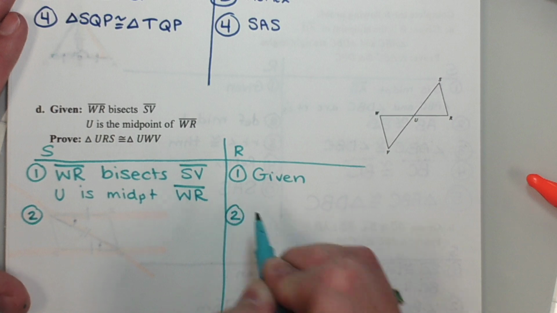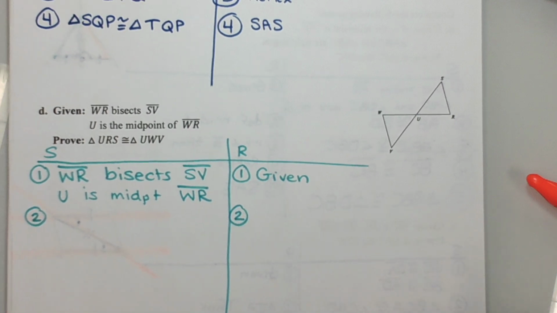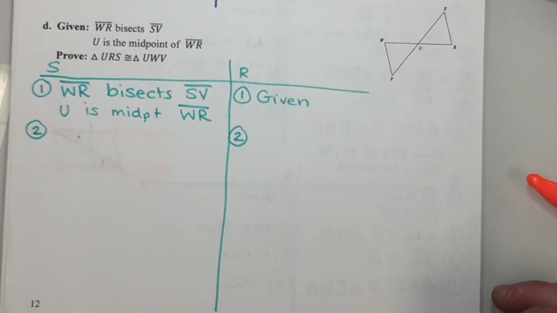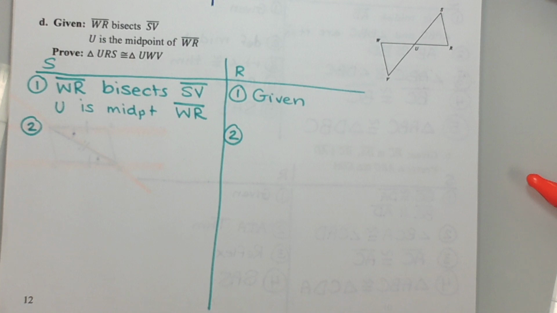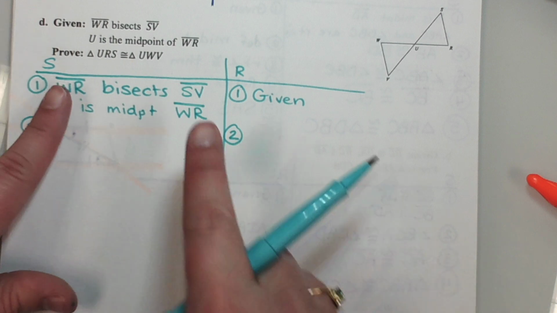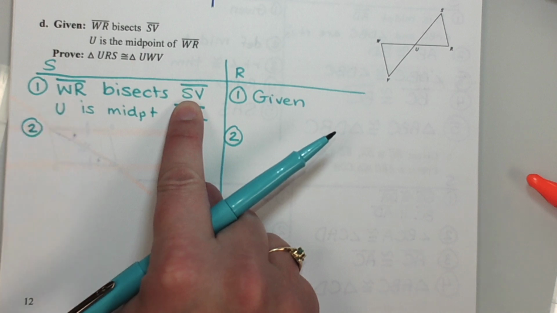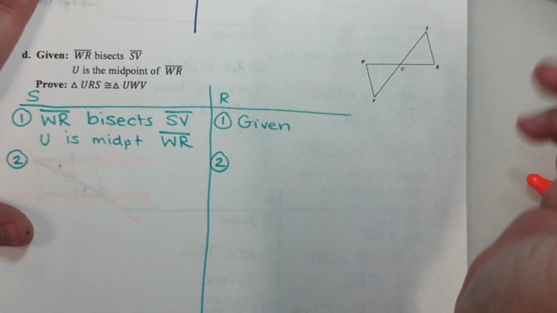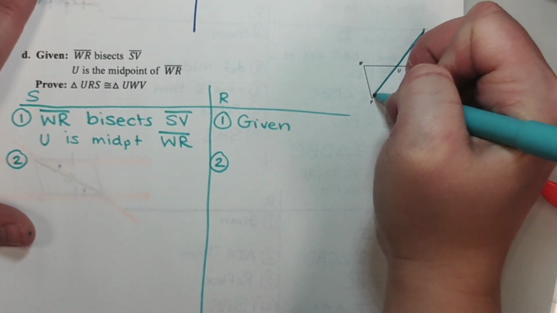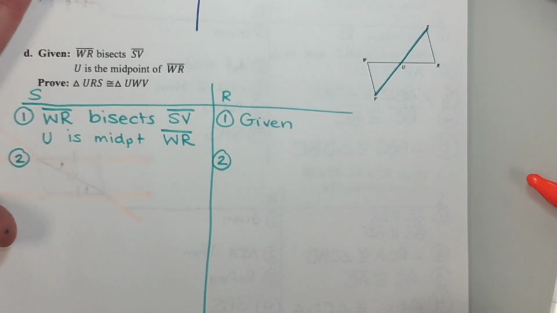This is probably going to be one of the longest proofs that we get, but it's also not a long one. I look at this one, I see words. I see the word bisect first. Since both of those are segments, it's segment bisector. Keep in mind that the second one is the one that got cut into 2 parts. SV got cut into 2 congruent parts.